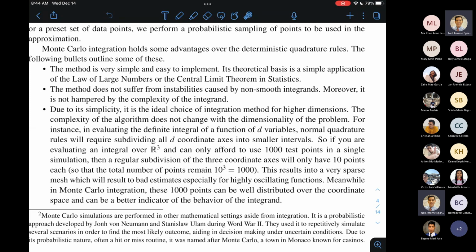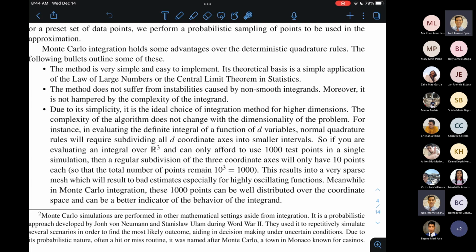Kasi ang theoretical basis niya lang talaga ay yung law of large numbers or the central limit theorem that tells us do a random experiment sufficiently number of times, then you're going to get to the expected value.